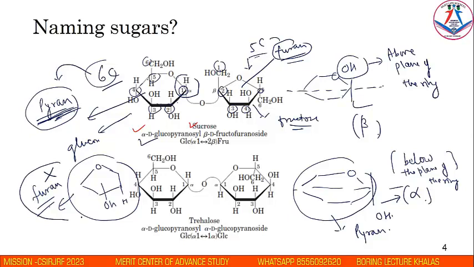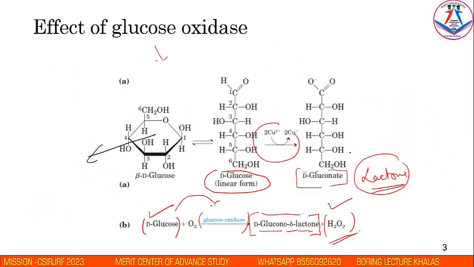फ्यूरॉन किसको बोला था हमने? 5 रिंग को. 6 कार्बन वाले को क्या बोलेंगे? पायरान, राइट. ग्लूकोज में क्या है? पायरान है कि फ्यूरॉन है? चलिए बताओ.